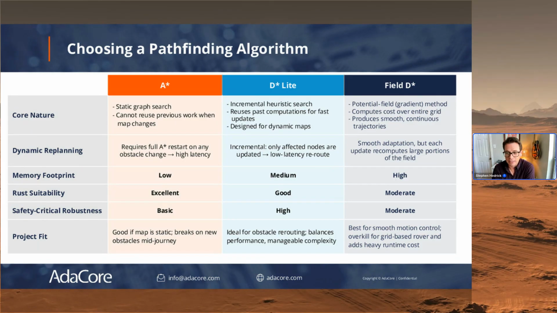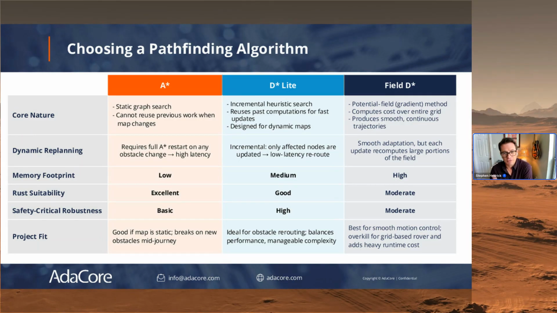It's going to be sapping our resources, but it's also a little bit overkill. I think it's just a little bit more than what we need. So the middle ground is D-star Lite. Field D-star uses a potential field gradient method and does smooth continuous trajectories, so it doesn't necessarily click out of the grid-based structure, but D-star Lite still uses these incremental search heuristics.